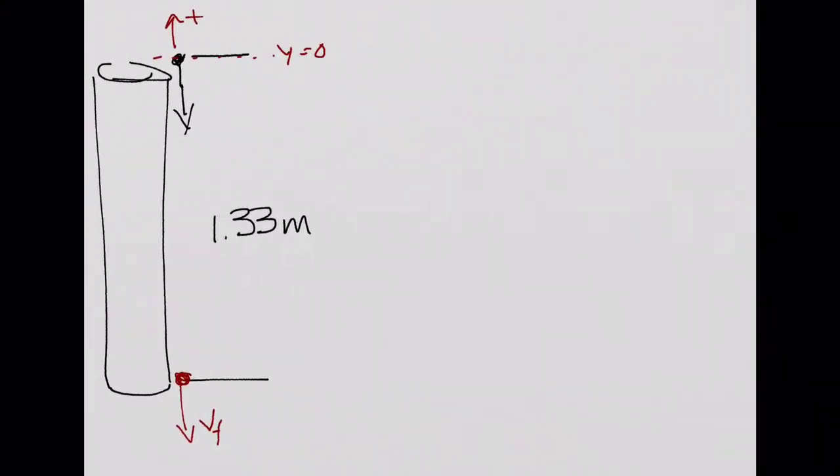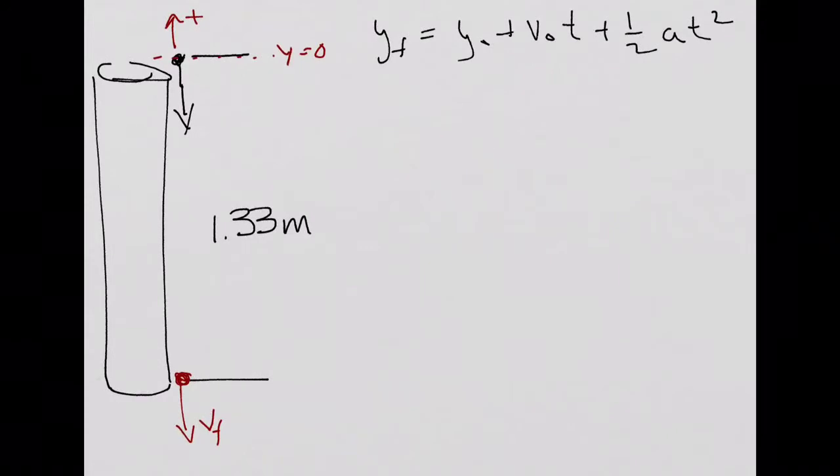So let's go over here, and we'll say yf equals y0 plus v0t plus 1/2 at squared. So y0, by definition, where we set it up, was 0, so that goes away. v0, the initial velocity, was 0. So we just have the final position equals 1/2 at squared.